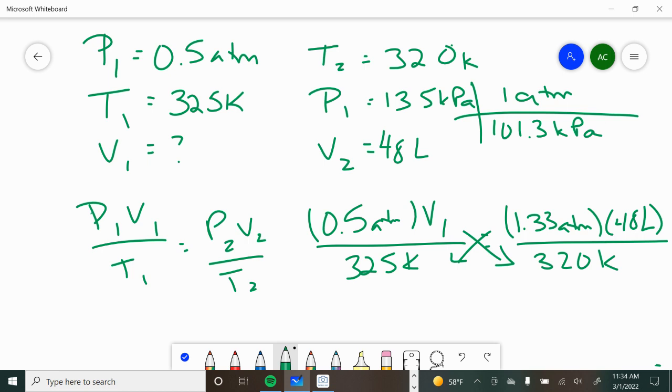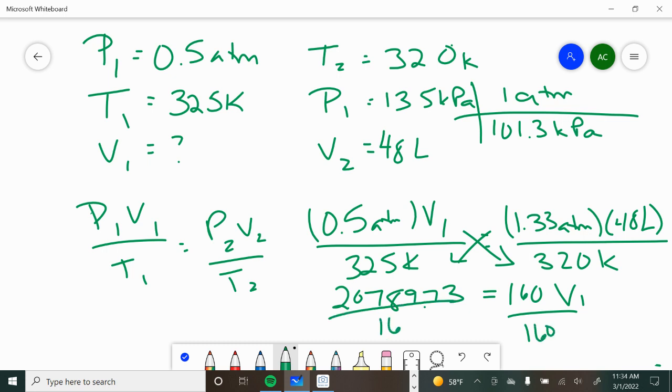So I'm going to take 1.33 times 48 times 325, and that gives me 20789.73. 320 times 0.5 is 160 V. Divide both sides by 160. So this is liter atmosphere kelvins, and that is atmosphere kelvins. So the only thing still standing is the liters.